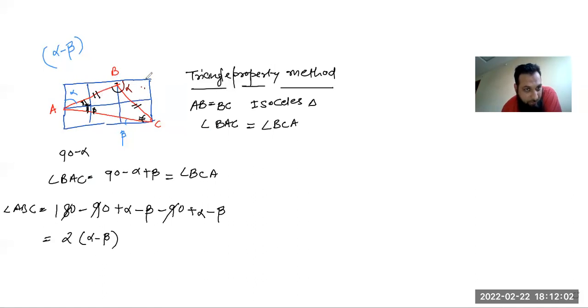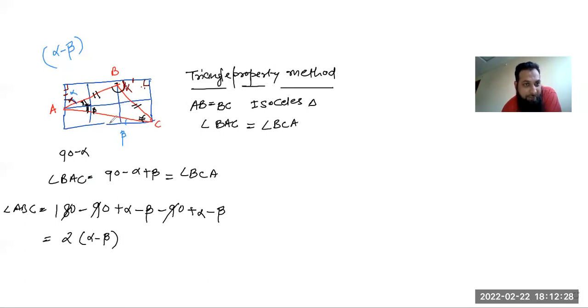These two sides are equal. This is 90 degree. This is also 90 degree. And this side is equal to this side. So according to the two angles and a side property, these two triangles are congruent. This triangle and this triangle are congruent, which implies this angle must be equal to this angle.